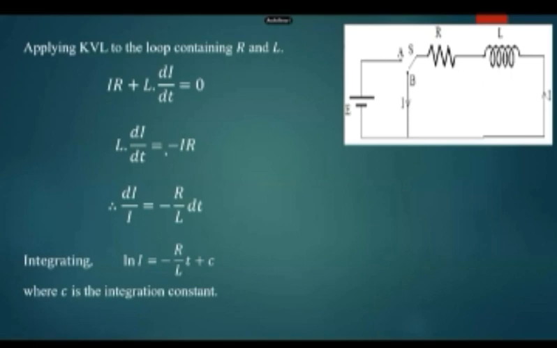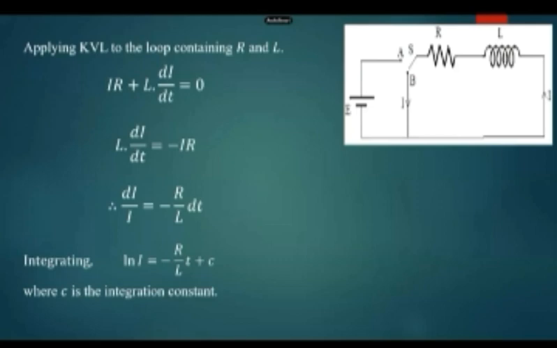Now we have got di by I is equal to minus r by L into dt. Then integrate this with respect to I, that will give ln of I. So, integration of 1 by I is equal to minus r by L into t plus some integration constant c.